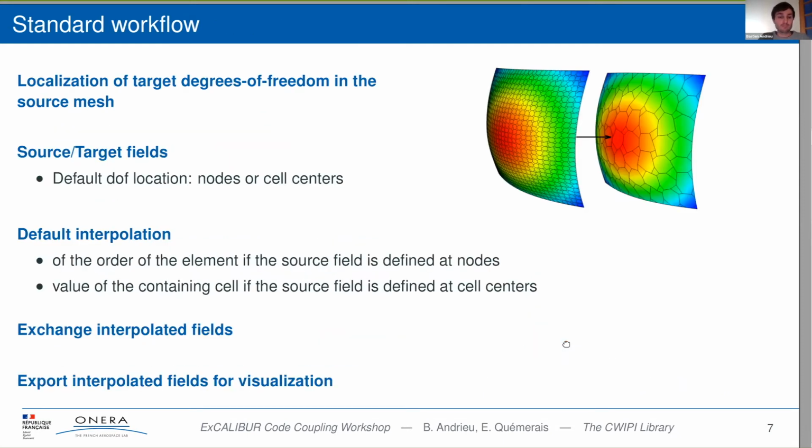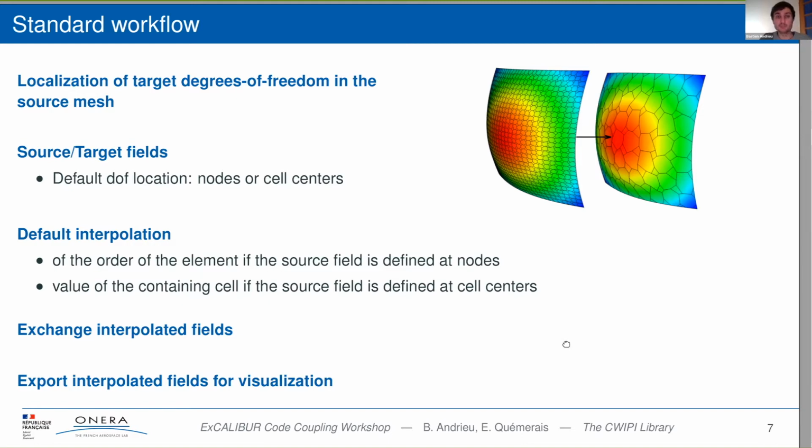So the standard coupling workflow is as follows. The target degrees of freedom need to be localized in the source mesh. So this is done by locating in the first level. We seek the partition in which the target point lies in the coupled domain.